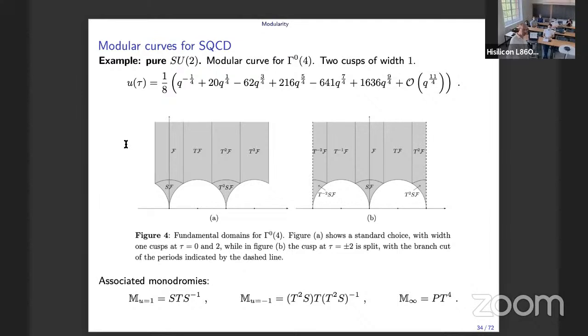So there is an I4 star cusp at infinity, a so-called width 4 cusp, and then width 1 cusps at, in that case, tau equal 0 and 2. And of course, you can have many choices of another domain. That's one choice, that's another choice, they're equivalent.